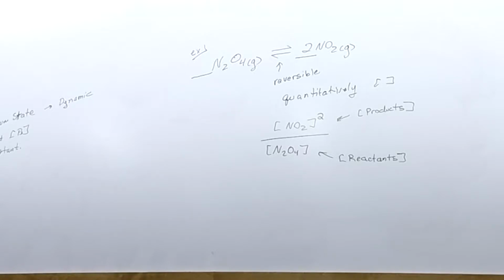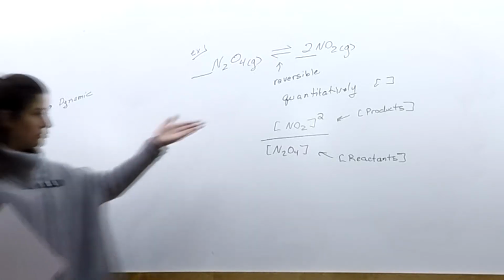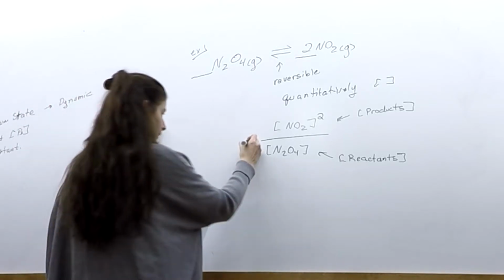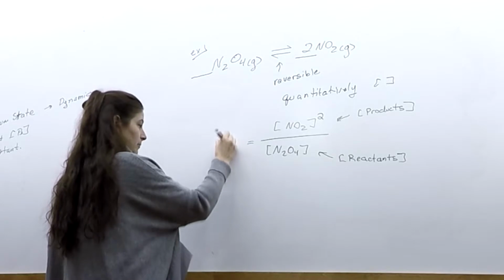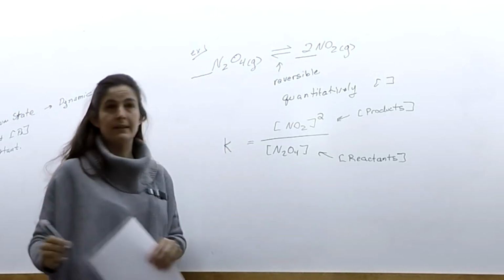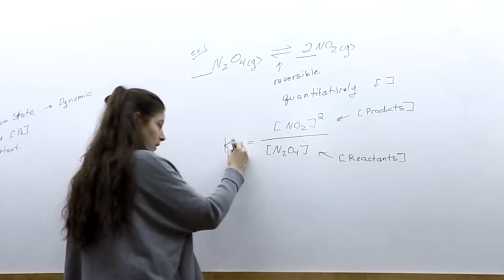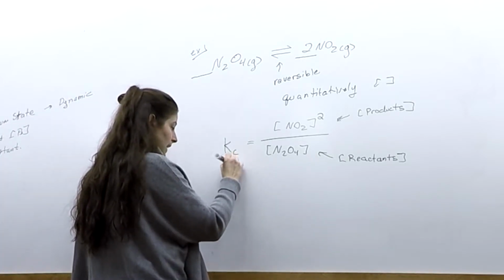When I take this quotient of these two, the result is going to be a constant, and I'm going to write this as Kc.